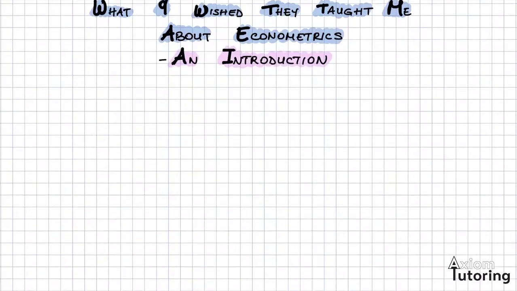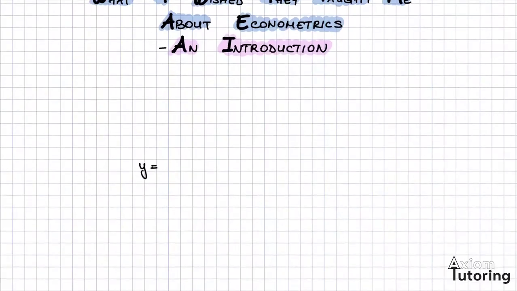Let's assume we have a model that looks like y equals beta 0 plus beta 1 d1 plus beta 2 d2 plus beta 3, then the interaction of the two dummy variables, so d1 times d2, plus an error term.